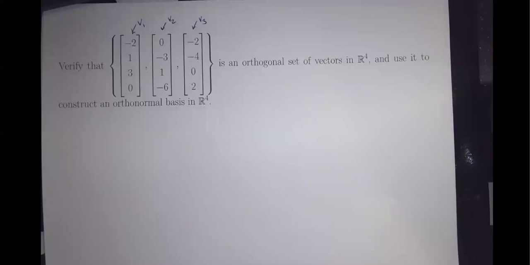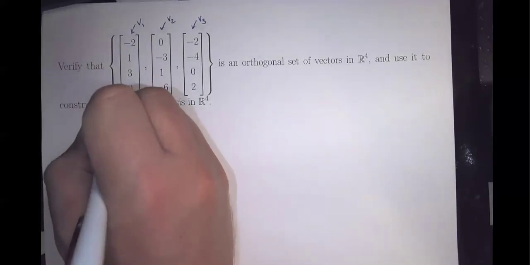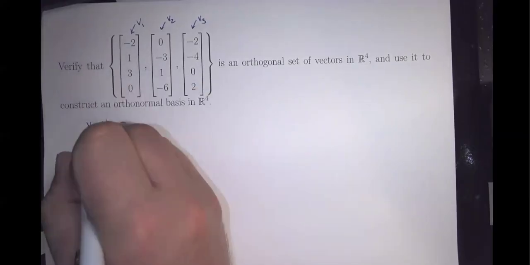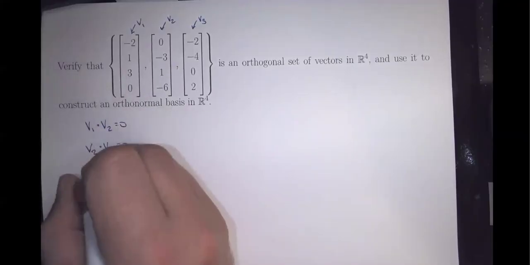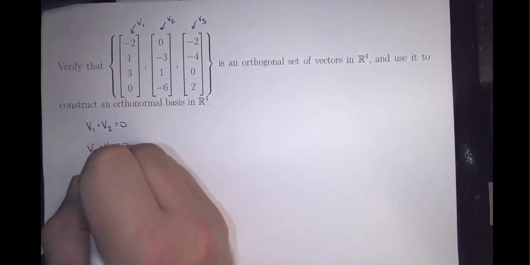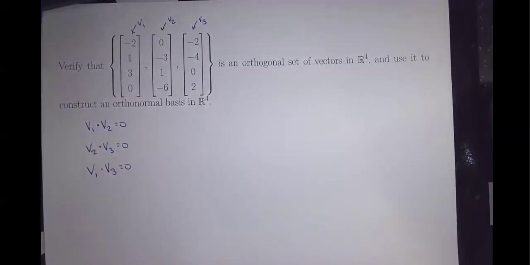To verify that they're an orthogonal set, we need to show that v1 dotted with v2 is 0, v2 dotted with v3 is 0, and v1 dotted with v3 is 0.